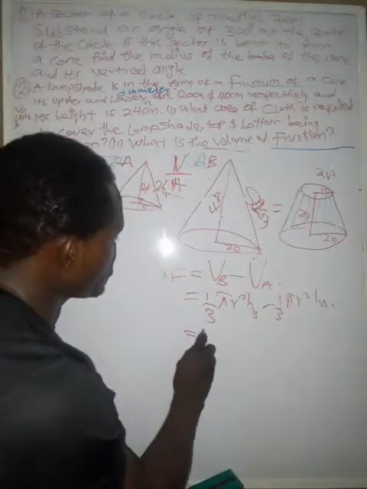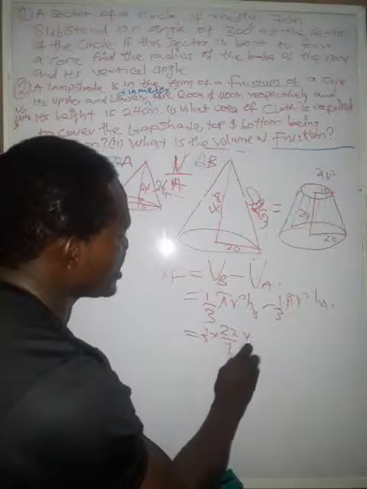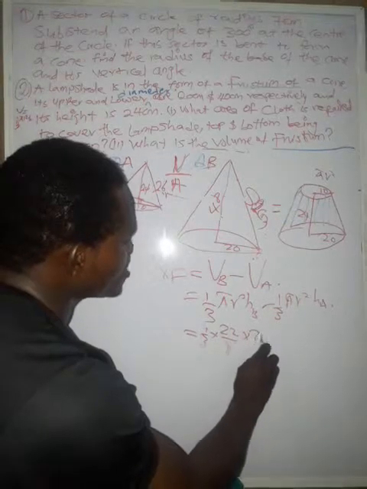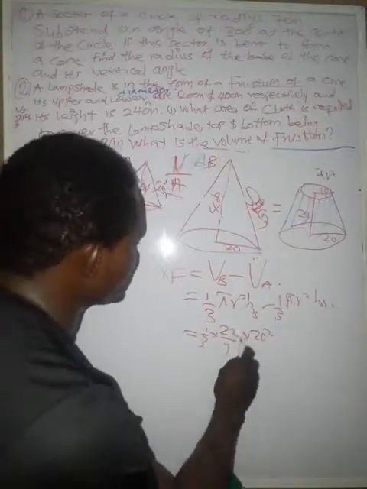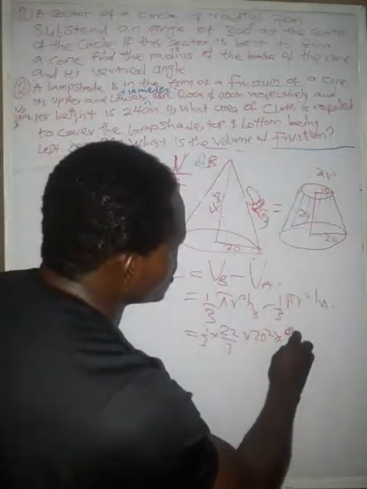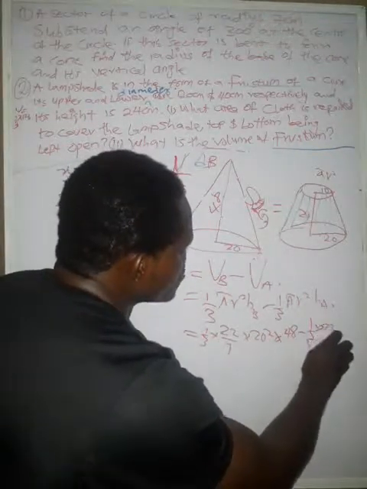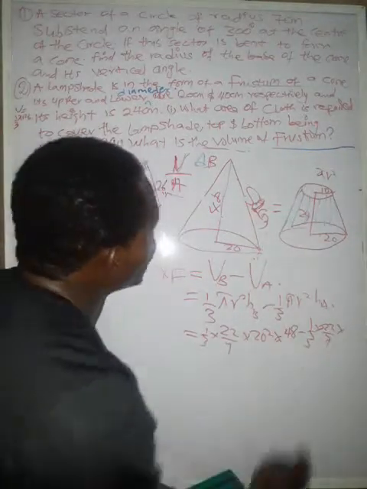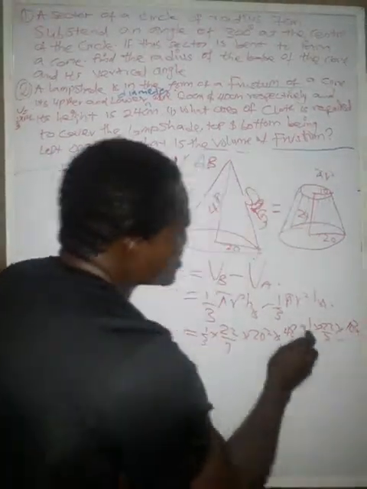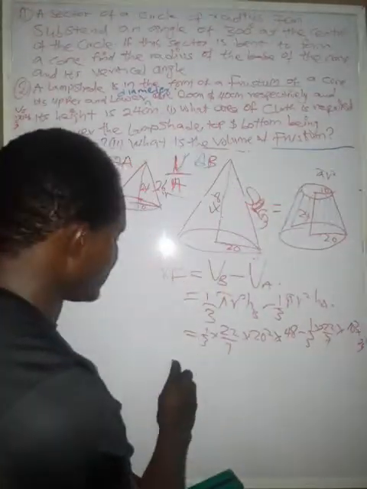So this is equal to 1 over 3 times 22 over 7 times r for the bigger cone B, which is 20 squared, times the height, which is 48, minus 1 over 3 times 22 over 7 times r for this one, which is 10 squared, times the height, that is 24. So what is the answer?